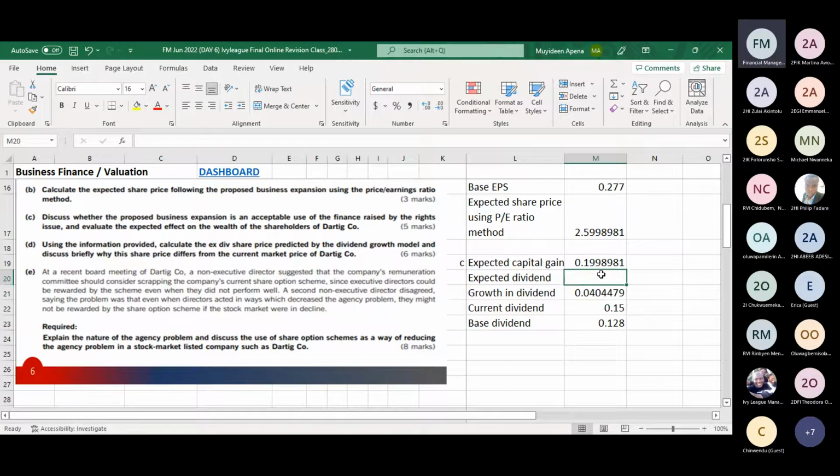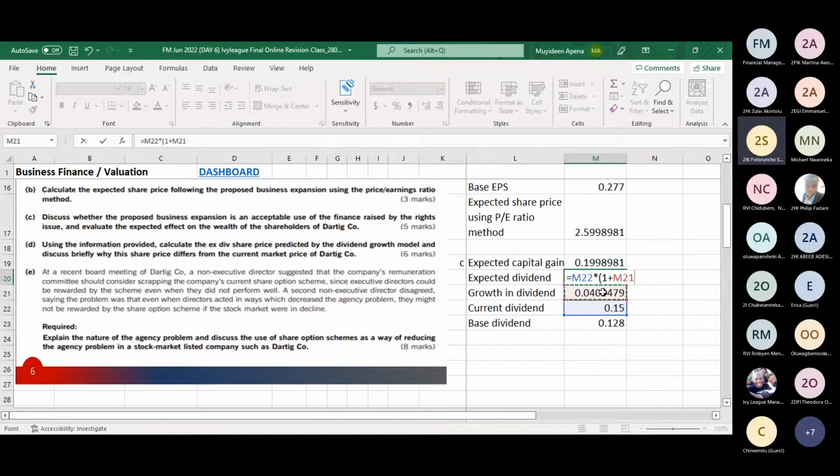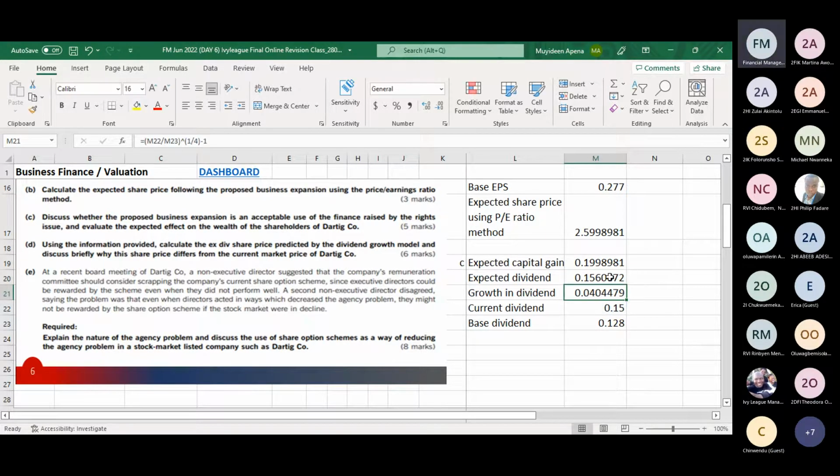The expected dividend would then be 15 cents multiplied by 1 plus growth. They're expecting this. If that is the case, then what would be the total shareholders return that we are talking about?